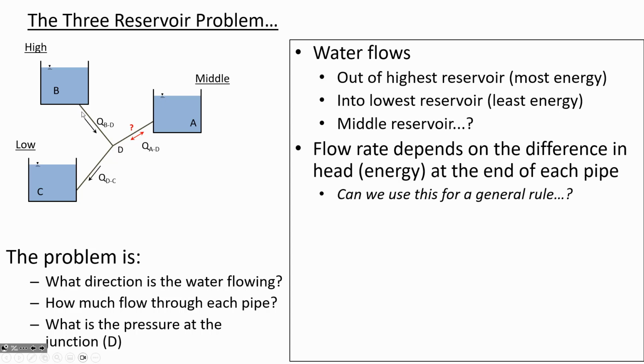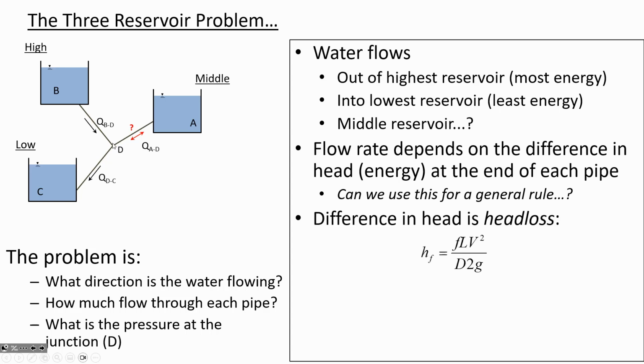So there's this general rule that water flows from locations of high energy to locations of low energy, and it's not necessarily the physical elevation at junction D that affects how much energy is there, because it's the pressure at junction D that most of the head is located at, the head that'll be driving flow.